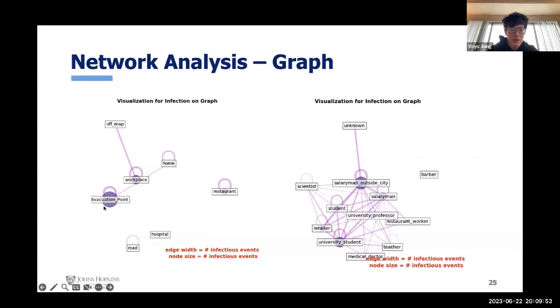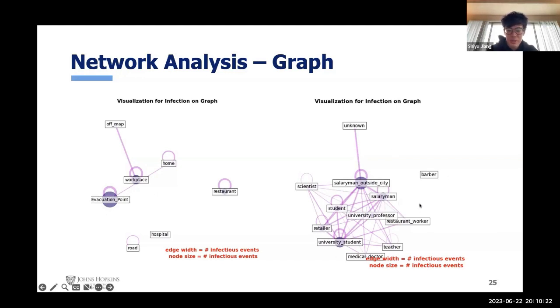So which means that there are a lot of self-infection events happening in those buildings called evacuation points. And we can also see the edge width is bigger than the rest of the edges, which means that there are lots of infection cases here. And the same logic applies for the rest of the figures.